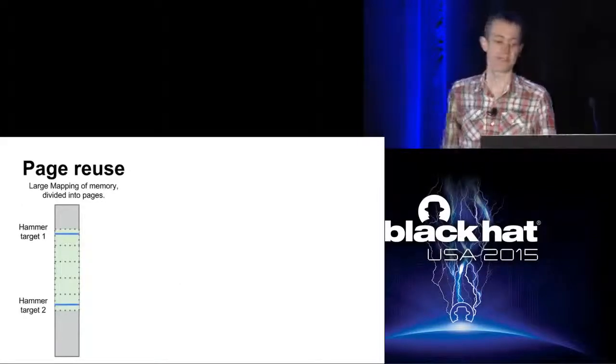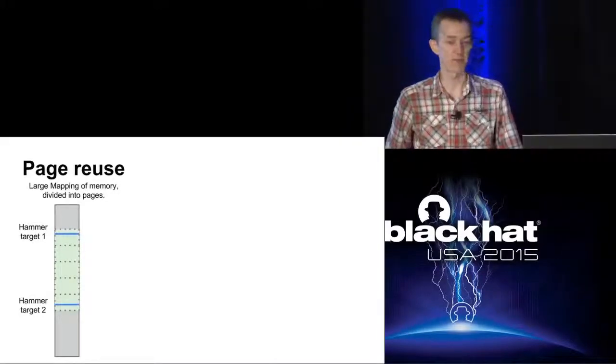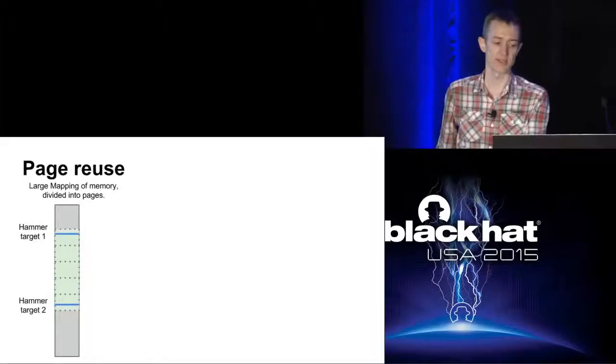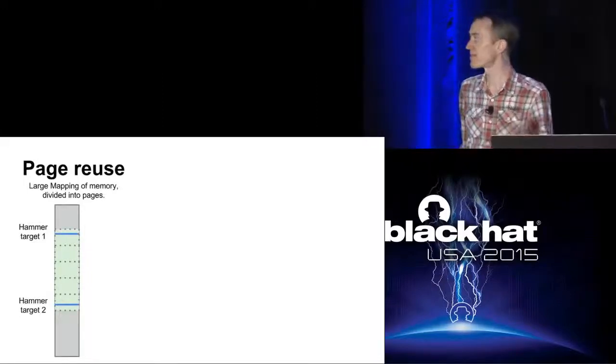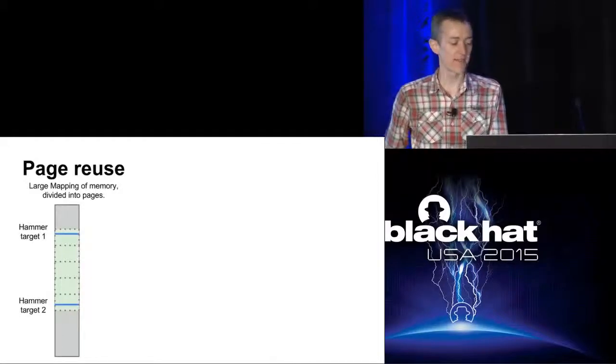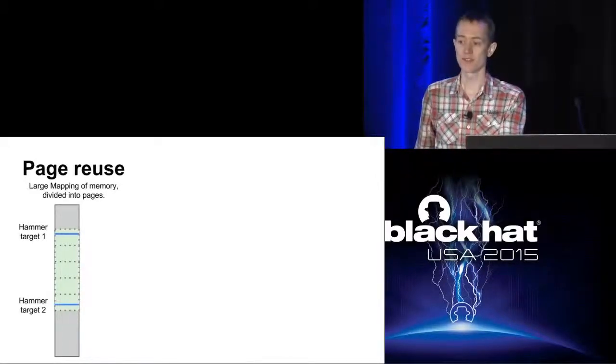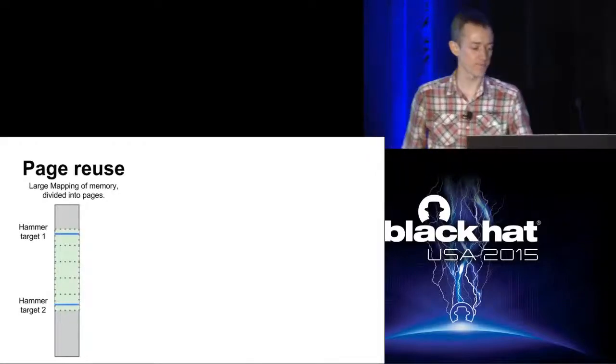So earlier I said that if we're lucky, the bit flip would change the page number in the page table entry. But actually we don't need to be slaves to randomness here. We can actually make our own luck. The idea is that we can take advantage of the fact that Rowhammer bit flips are often repeatable.